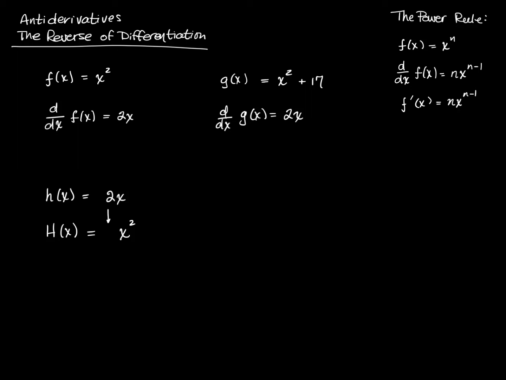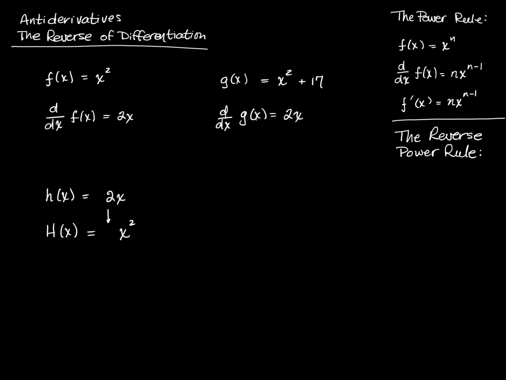So if we want to find the antiderivative of a function, we have to do those same two things in reverse. We have to add 1 to our previous exponent, and we have to divide by the new exponent. So let's come up with a reverse power rule for anti-differentiation.